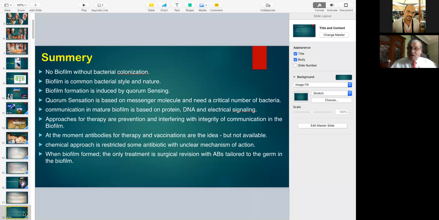So for biofilm, when it is present, the treatment is surgical. To prevent biofilm formation, we are talking in all our series about preventing biofilm formation and dealing with the bacteria, so that we have surgery without any infection.